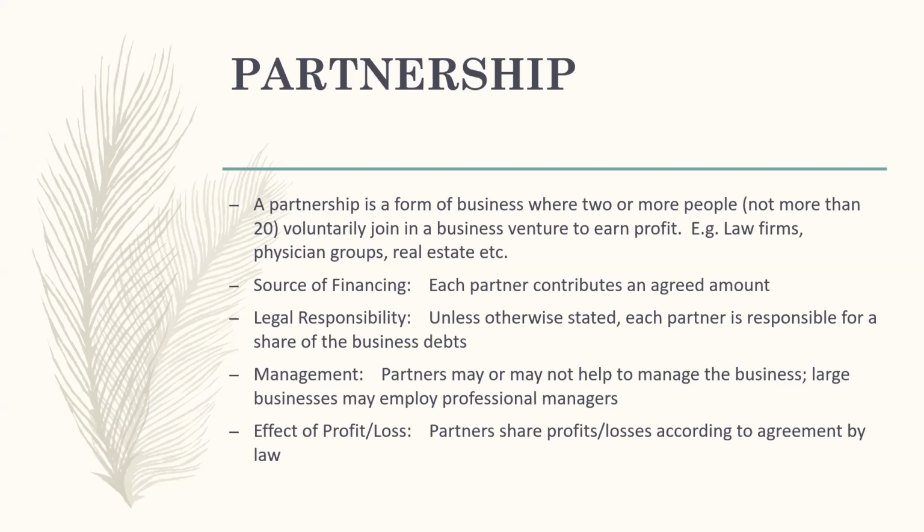But if it's 2 people and one is doing more work in the business, that person will get 2/3, while the other one will get 1/3. Okay, remember the partnership consists of between 2 to 20 persons. All right, I hope that is clear.